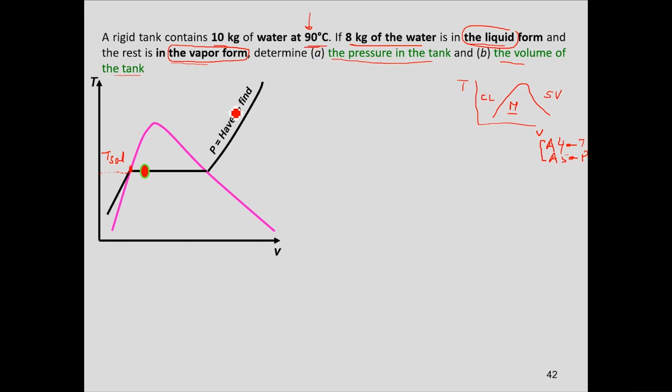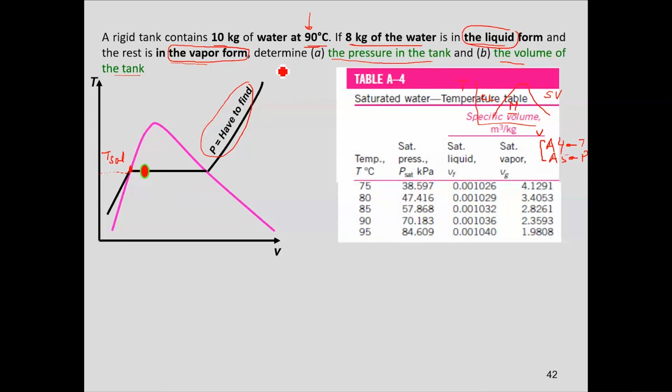So can you highlight the table that we have to look into, and how would you find the pressure in the tank? Sir, in table A4, the pressure that appears against 90 degrees Celsius is the pressure we will take. Very good.